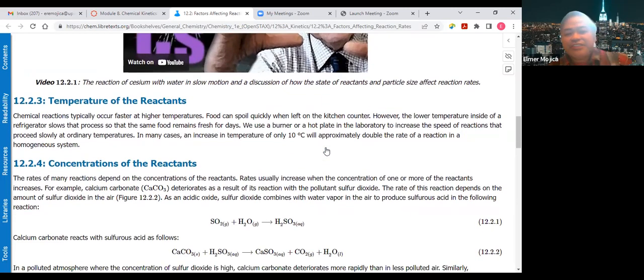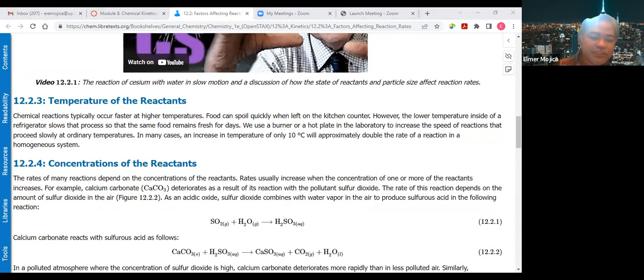Now, with regards to the temperature of the reactant, temperature usually measures the speed of your material. So the higher the temperature, the faster the movement of the material. So whenever you have a reaction, you follow the so-called collision theory.